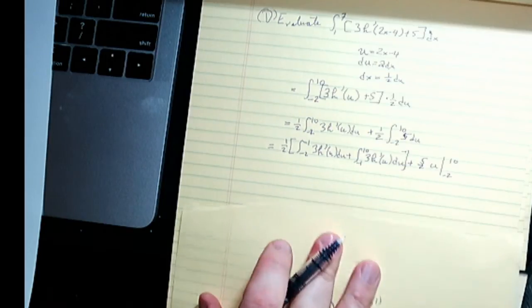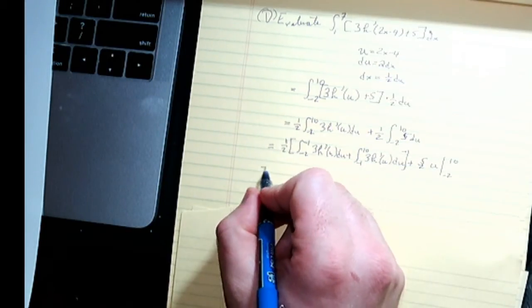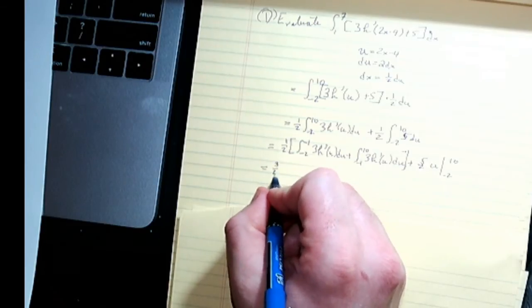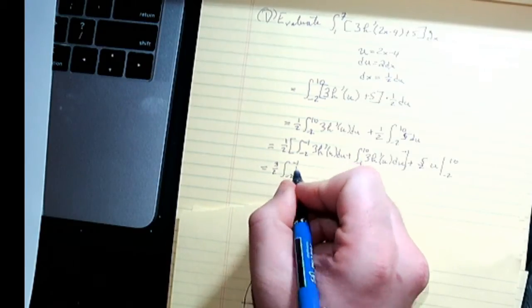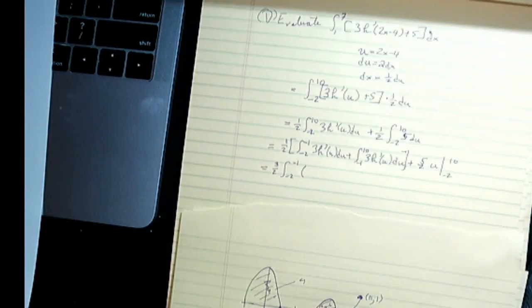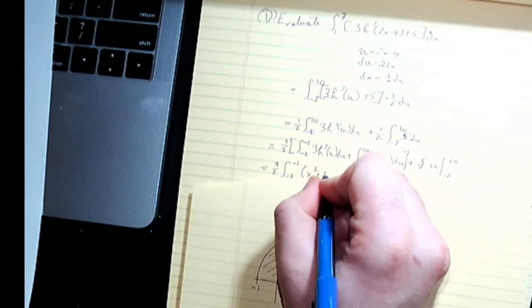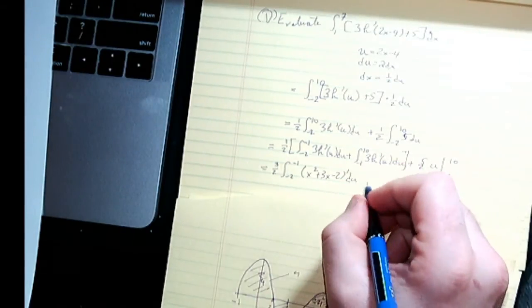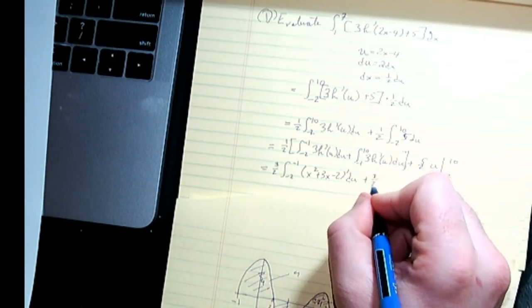And now we're in good shape. Because now in this region we have 3/2 times an integral from minus 2 to minus 1 of x squared plus 3x minus 2 prime du, plus 3/2, just pulling out the constant again.